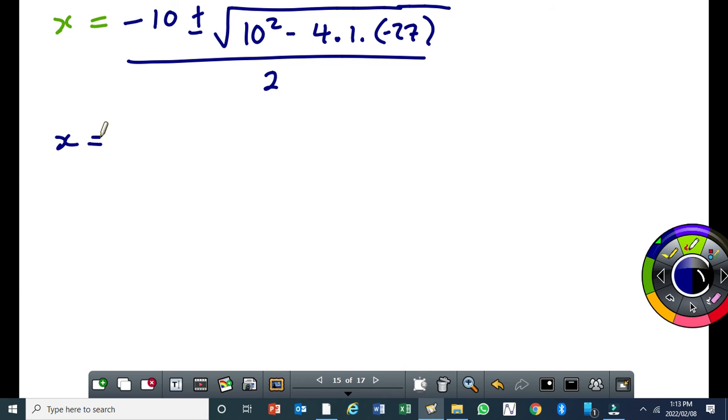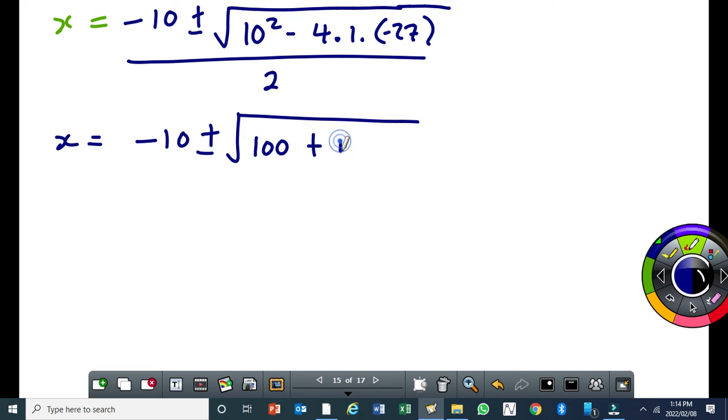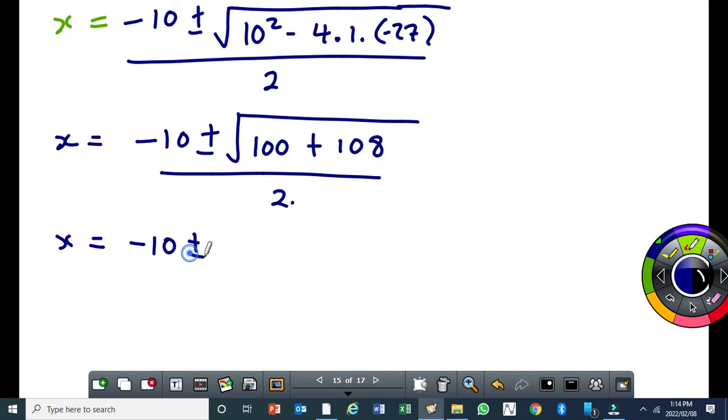All right, so this is x equal to minus 10 plus or minus the square root of 100, okay, that will be plus, now 27 times 4, that will give me 108, all over 2. Then we get x equal to minus 10 plus or minus the square root of 208 all over 2. Well, I'm going to leave my answer in surd form.